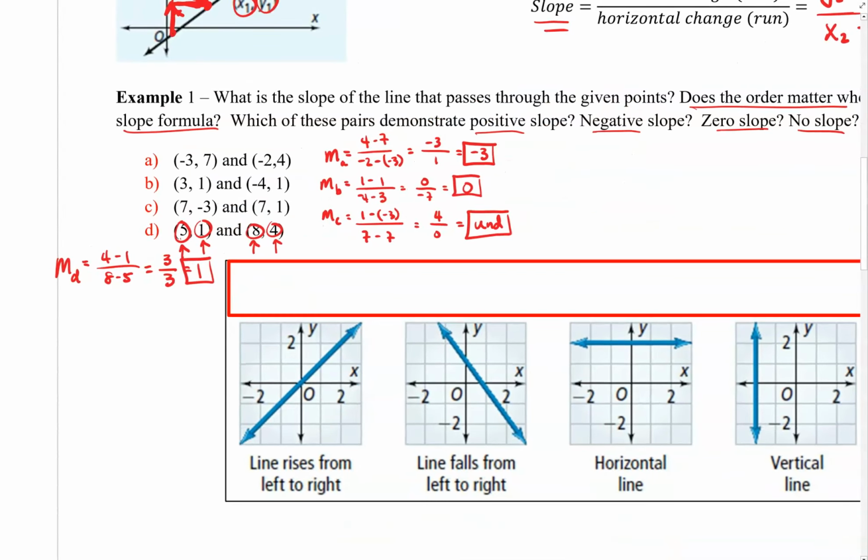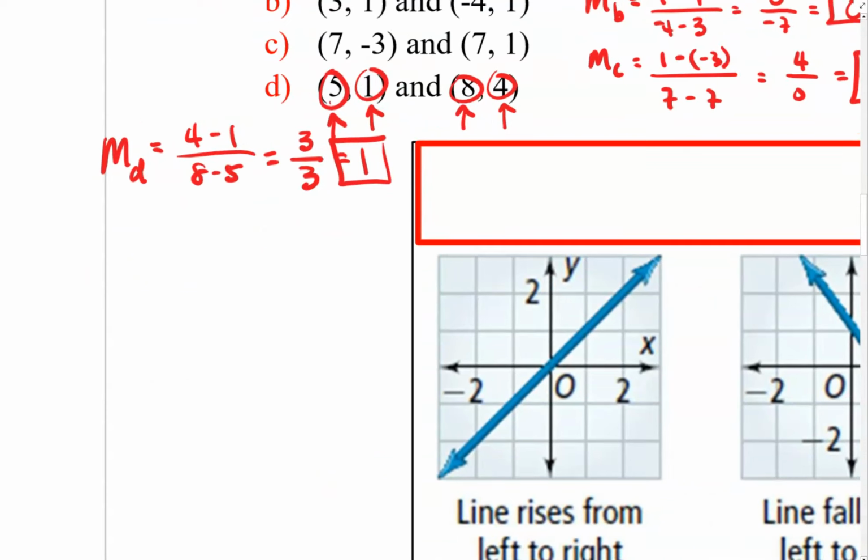All right, so I think we've got the slopes for all of these, and I'm pretty happy with the answers. My next question is, does the order matter? Now let's take option D for just a second and decide if order matters. What if I didn't subtract 4 minus 1, and what if I had subtracted 1 minus 4 instead? Well, would I get the same answer? If I subtracted 1 minus 4, that's going to look like a -3 to me.